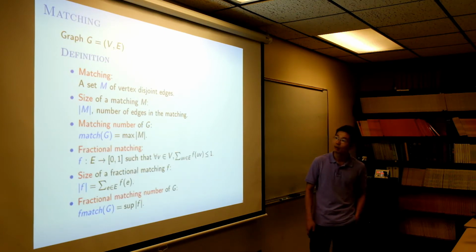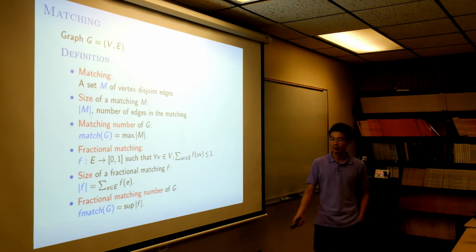This time you are not looking at a set of disjoint edges, but you have a function from the edge set to [0,1], giving a weight to every edge, such that for any vertex, the sum of the weights of edges incident to that vertex is less than or equal to 1. The size of a fractional matching is just the sum of all the weights. And again, the fractional matching number of G is the sup over all possible fractional matchings.